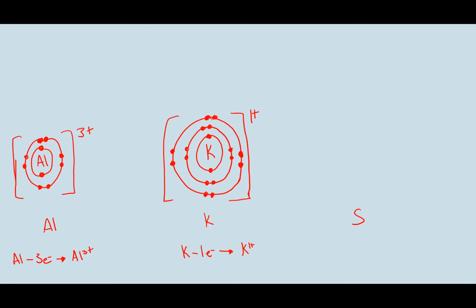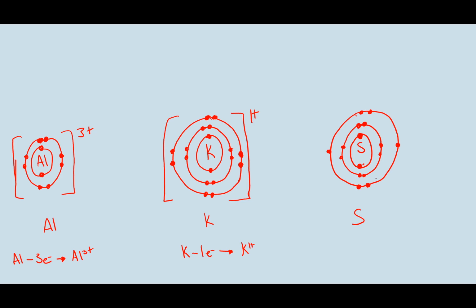Now sulfur, same idea. Sulfur is the 16th element. So there's 2, 10 electrons, 16 electrons.